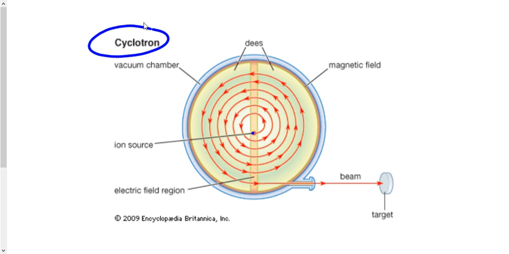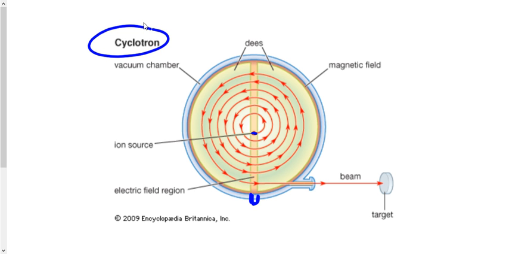There is an electric field in this little gap right here, which will cause charged particles to speed up. It's like Ei equals Ef. Remember potential energy converted to kinetic energy? It's like the car going down a hill. The charged particles will speed up a little bit until it gets to here, and then it's no longer in the electric field.